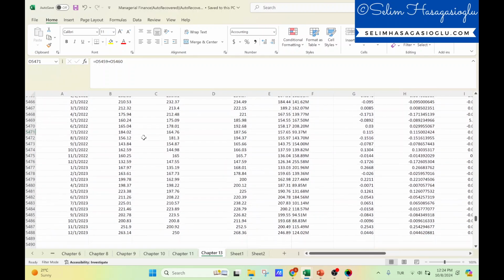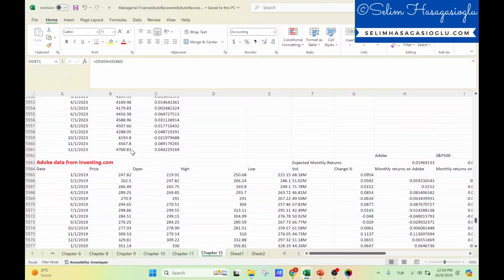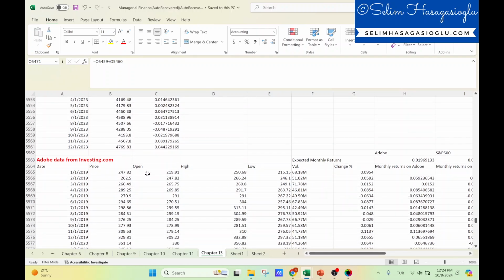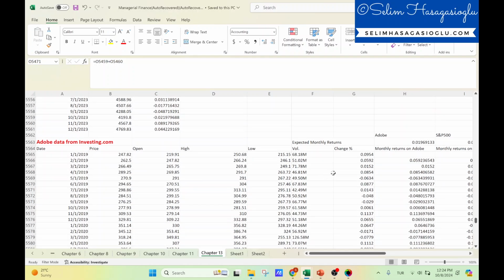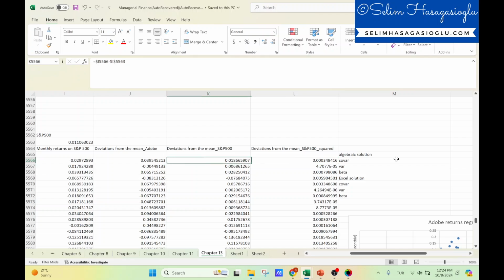We will be following the same procedure for the remaining comparables, namely Adobe, and the last one was Workday. So again, calculate the monthly returns on Adobe stock and the monthly returns on the market portfolio, and then the deviations from the mean for both Adobe and the S&P 500.